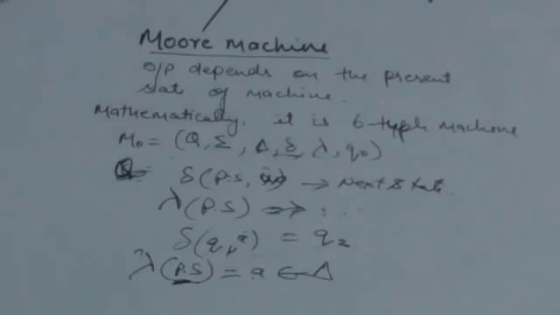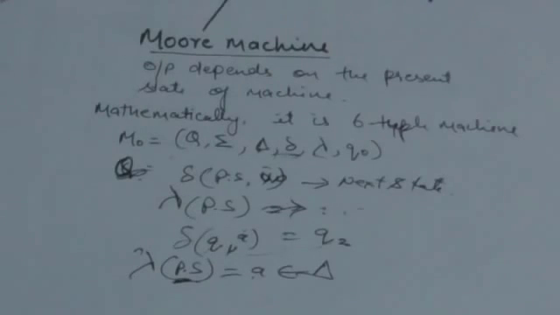And Q0 is the initial state of the Moore machine. Here, unlike DFA and NFA, a Moore machine doesn't have any final state.